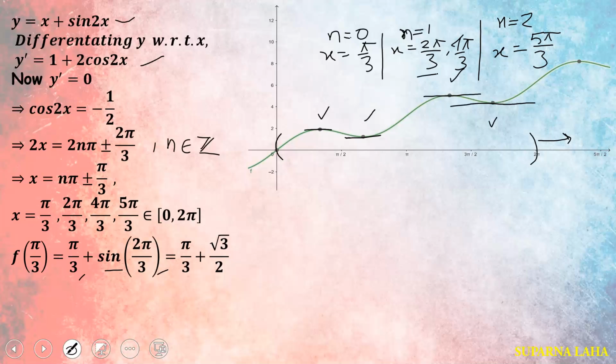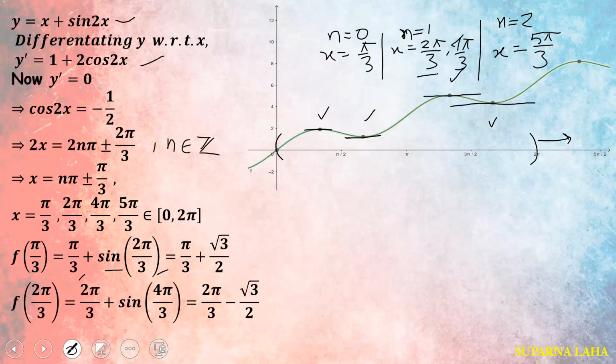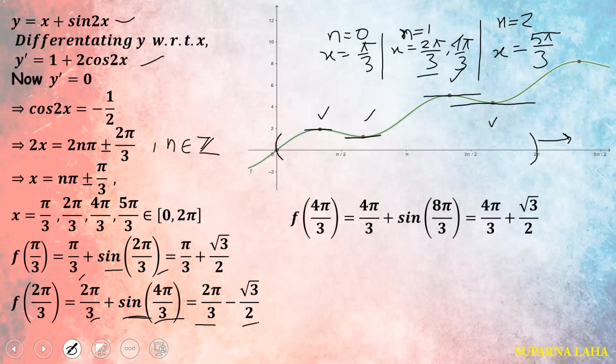Next put x equal to 2 pi by 3 into the function, and sine of 2 into 2 pi by 3, that is 4 pi by 3. So this will be 2 pi by 3 plus sine of 4 pi by 3, which is minus root 3 upon 2.